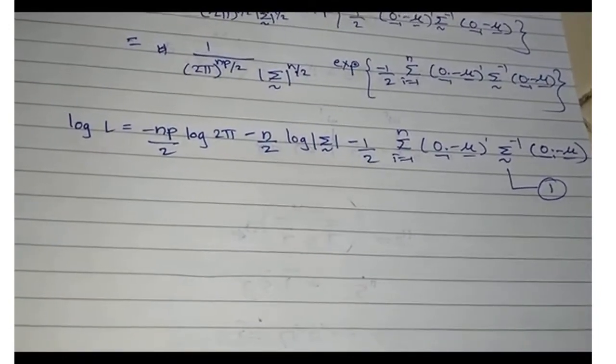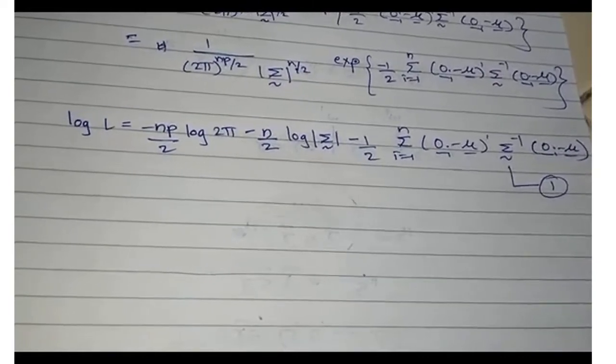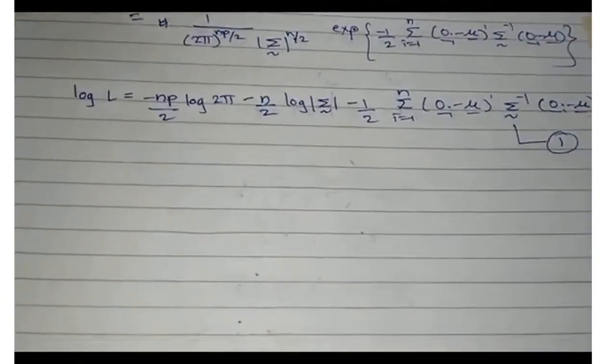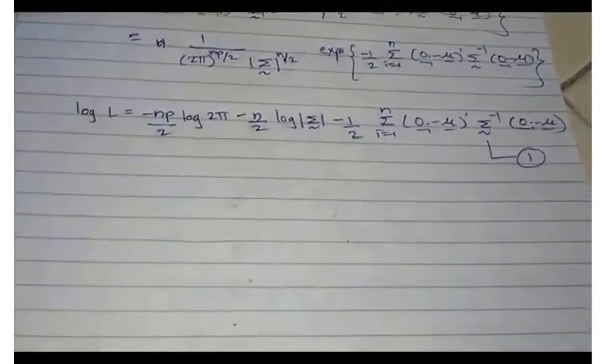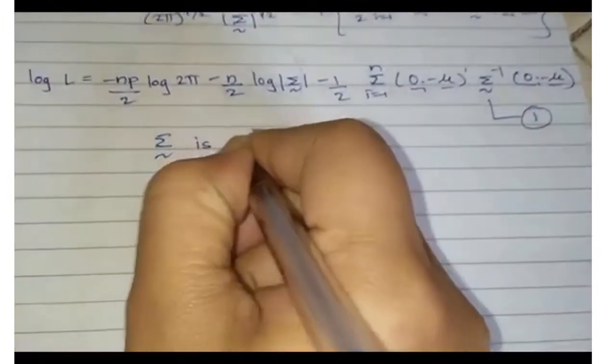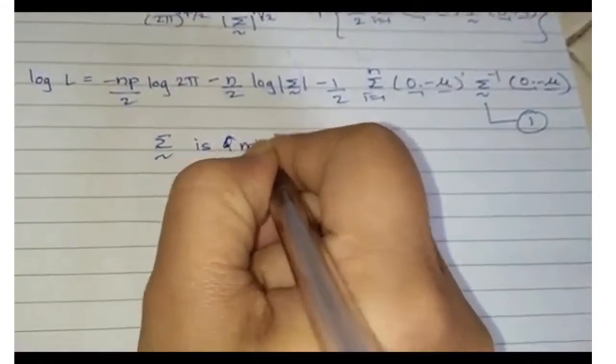So we have to estimate all those parameters by differentiating this. Now, if I want to differentiate this first with respect to mu, another assumption that we are going to make is sigma is not a function of mu.